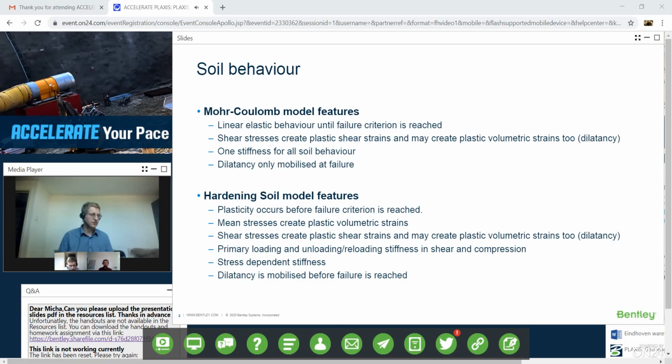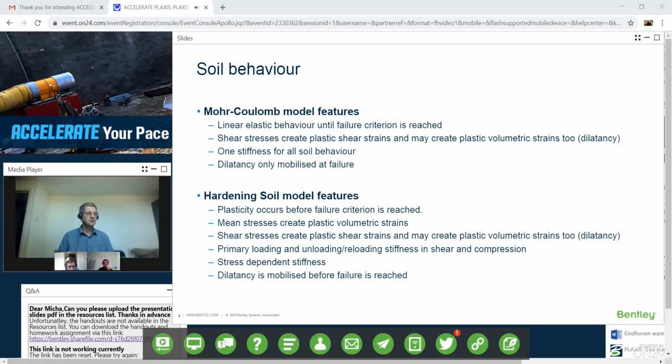The hardening soil model has multiple stiffnesses. We already saw that from the material parameters that I showed in the homework assignments. It has a primary loading stiffness, and it has an unloading-reloading stiffness. And there is a primary loading stiffness for shear or deviatoric loading, and one for compression.